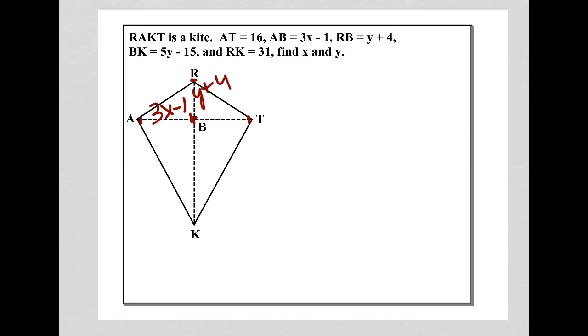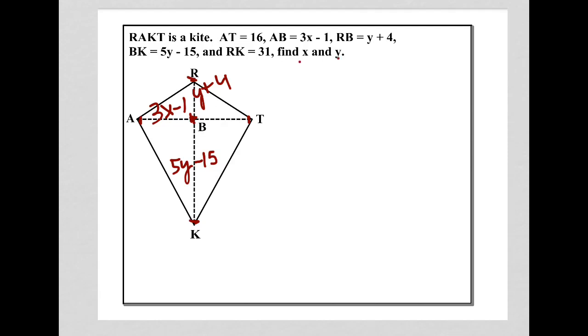We're told that RB, just from R right here to B, is y plus 4. So already we're seeing we're dealing with two different variables. BK, this last part of that diagonal, is 5y minus 15. And then RK, the entire diagonal, is 31, and I want to find x and y here.